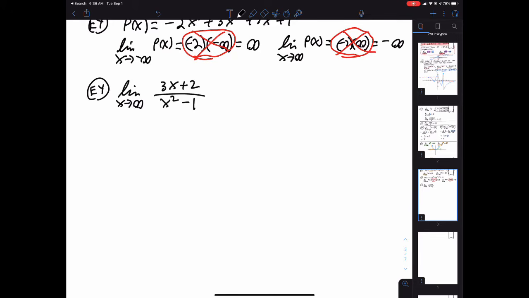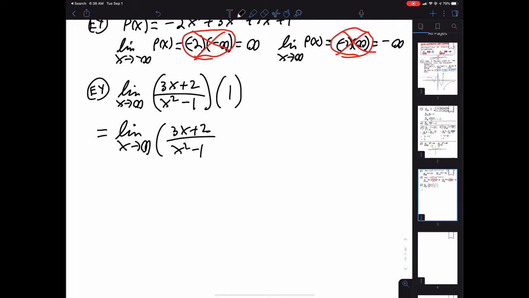So the secret is to get the bottom to not be infinity. To get the bottom to not be infinity, I could do that by dividing by x squared. So I'm going to multiply by 1. We like multiplying by 1. But our 1 is going to be special.